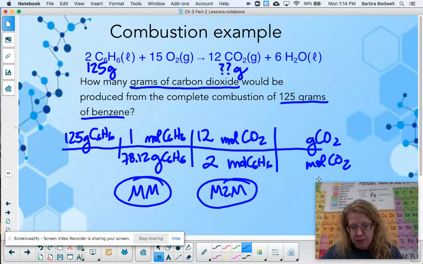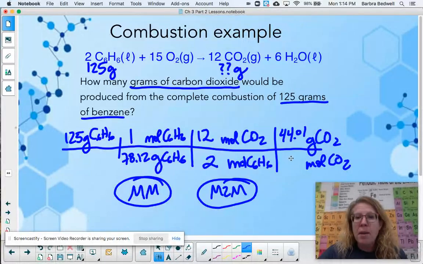So 12.01 molar mass plus 16 for our CO2 is 44.01 grams per 1 mole is the mass of carbon dioxide. So there you go. Now we're in grams of CO2. That's the unit we're looking for. We're in the right chemical and the right units. And then now we can just do our final calculations.